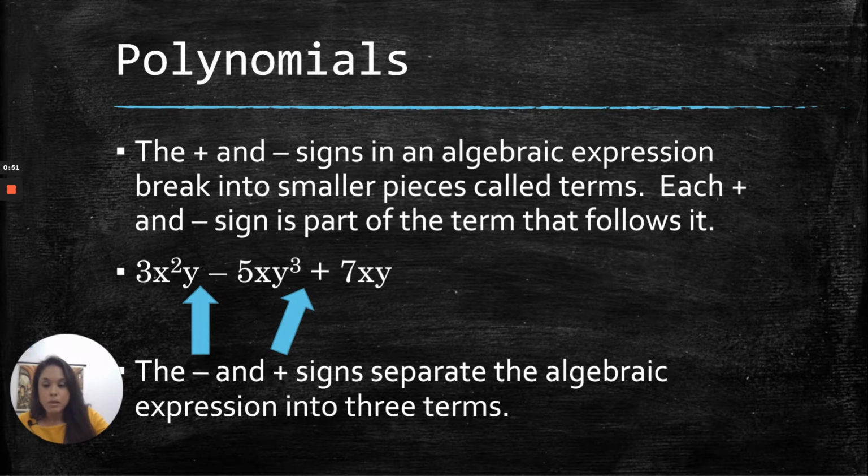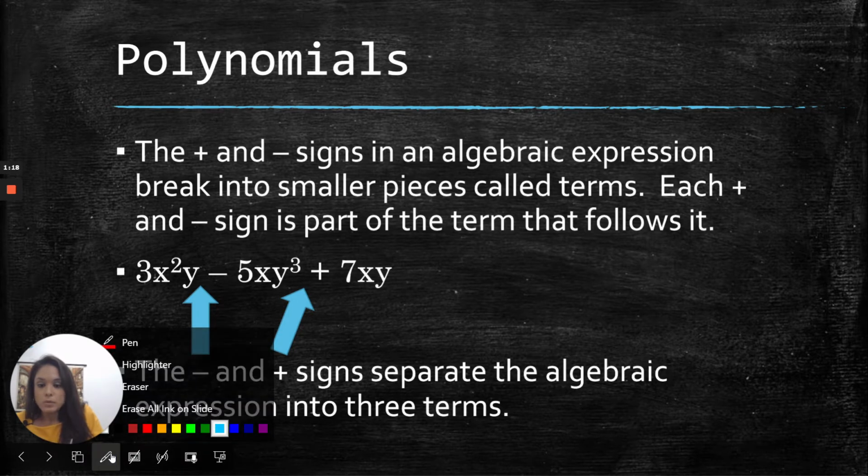So look at this polynomial in example A. 3x squared times y minus 5x times y cubed plus 7 times x times y. Now the sign goes with the term that follows after the sign. So you can actually divide it using a line if that helps you.